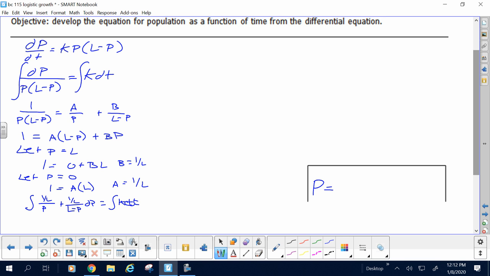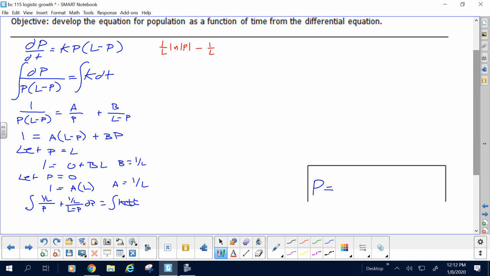Okay, integrate please. The left-hand side is 1 over L natural log of the absolute value of P. Now this is the one that we have to be careful on, because remember that is a function within a function, so at least mentally use u. Negative 1 over L. Do you all understand why negative?